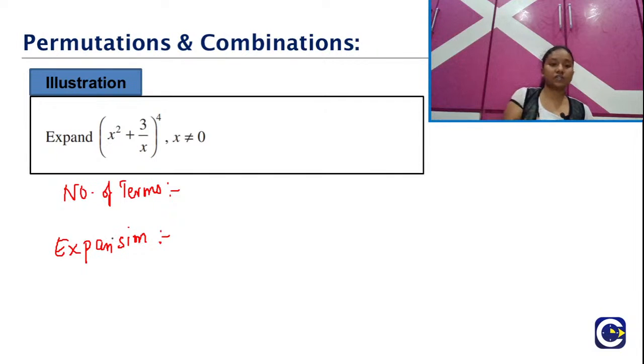The first thing is very easy. What is the observation we have already derived? The number of terms will be 1 more than the index. Here the index is 4, so 4 plus 1 equals 5. So the total number of terms we will get here is 5.